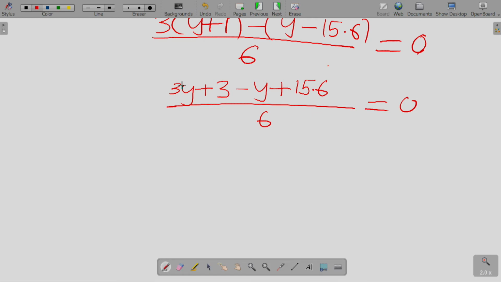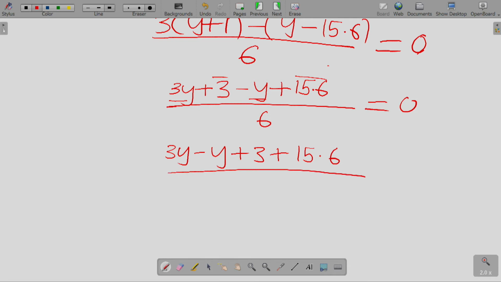For example, let's group together this term and this term, also this term and this term. So we will have 3y minus y plus 3 plus 15.6 divided by 6 equal to 0.